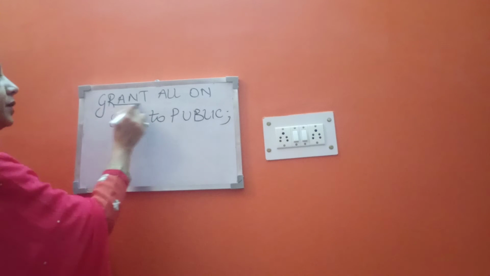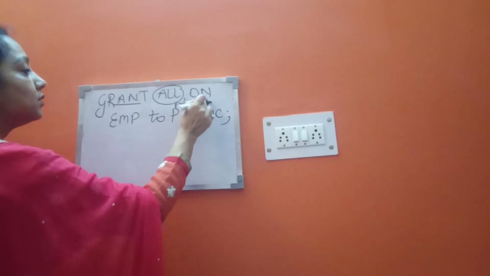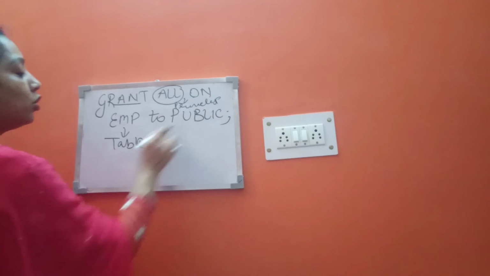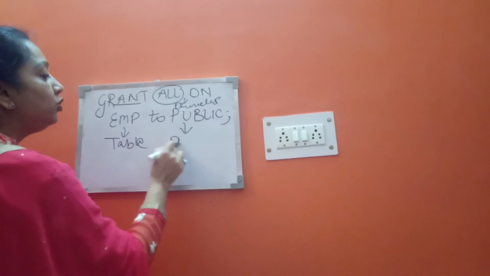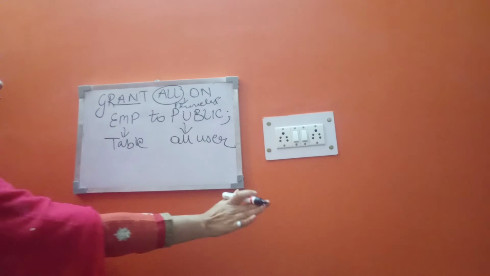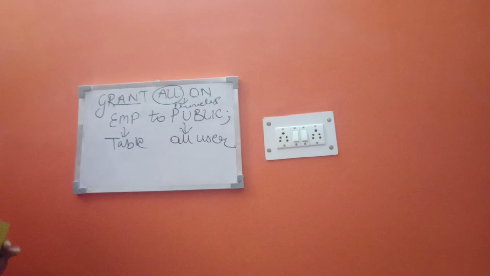So this way I will be granting all the privileges on the implied table to all the users of the database. I have made all the privileges public now. That means all the users of the database can use them. But this is a very dangerous thing to do.